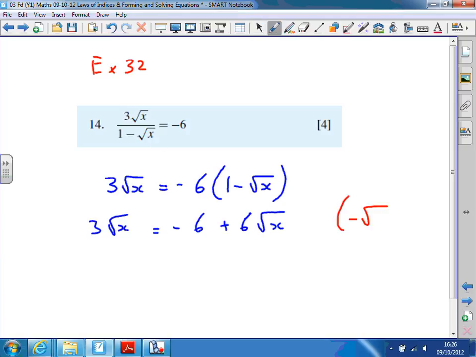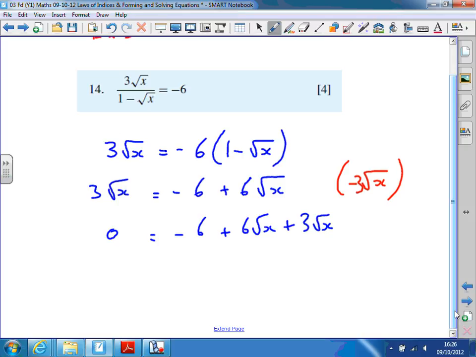So I'll write down what I'm going to do here. Subtract 3 root x from both sides. That means 3 root x minus 3 root x is nothing on the left-hand side, equals minus 6 plus 6 root x plus 3 root x. I've added 3 root x to both sides.